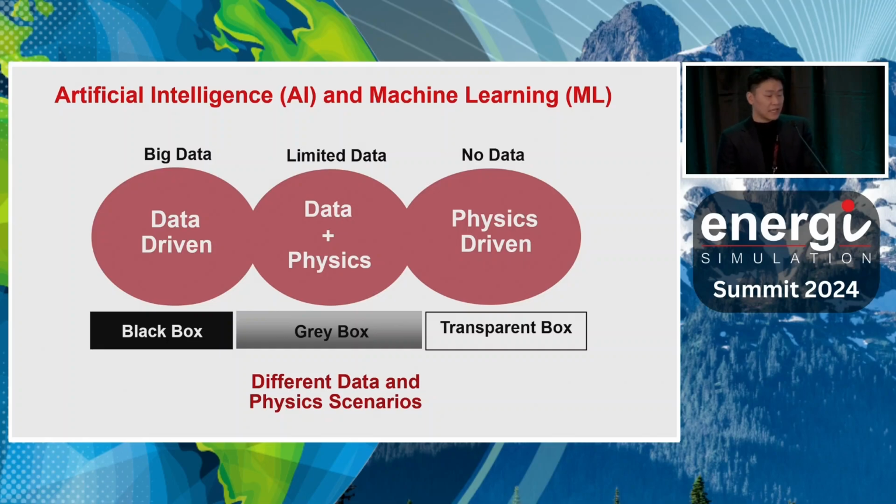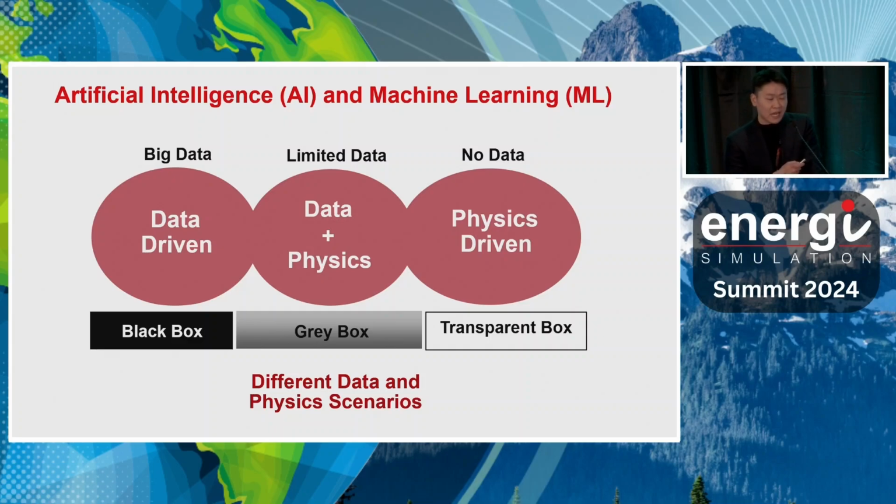For AI and machine learning applications, depending on the data used, models can be divided into three kinds. If we have abundant data, we can generate a data-driven model, which is a black box, which means we have no idea how this model understands the data.